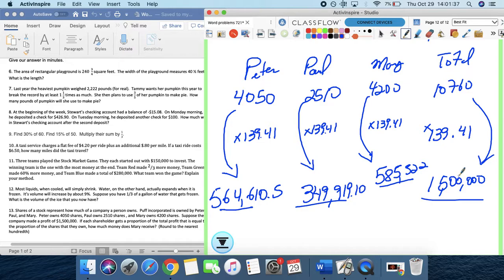And just for curiosity's sake, let me add them up. Peter's share plus 349,919.10, and then plus Mary, 585,522 equals, so the sum of this equals, again, because our decimals are not exact, we're off by $51.